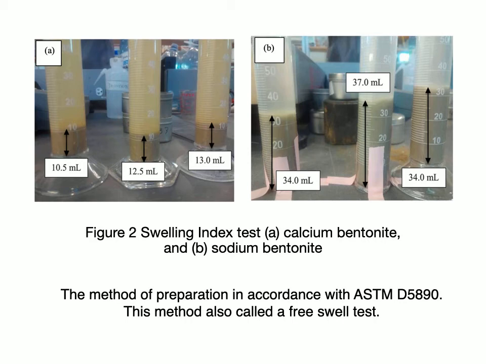As can be seen in the left picture, after being left for 16 to 24 hours, the swelling only reached 10 ml. However, with a similar amount of sodium bentonite, after 16 to 24 hours, the swelling increased threefold, to more than 30 ml.